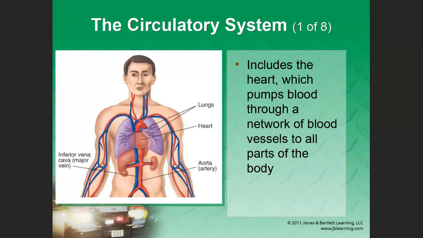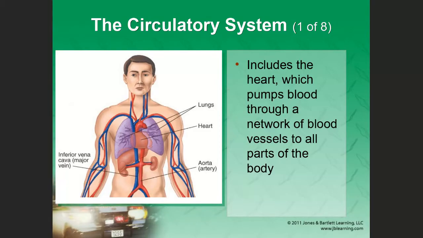You have blood vessels that carry blood towards the heart, and you have blood vessels that transfer blood away from the heart. And the blood vessels responsible for transporting blood towards the heart are the veins, or this is referred to as the venous system.